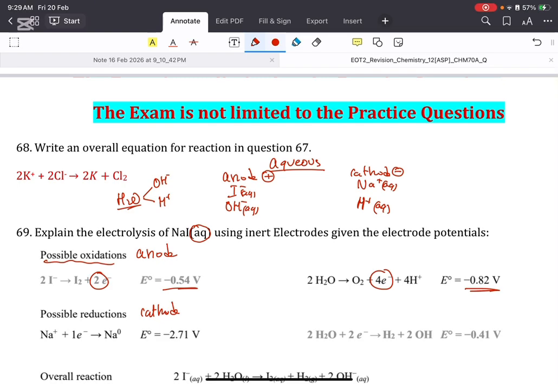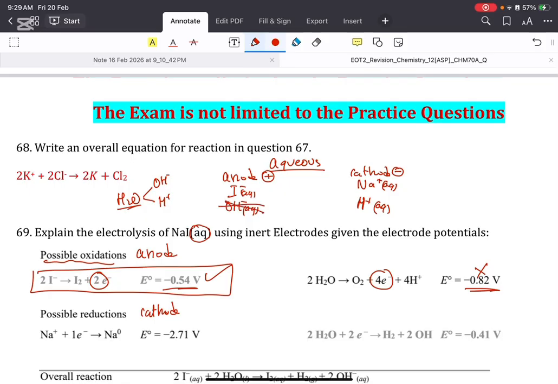So which one is the higher one? This one. So this is the winning oxidation at the anode. Like I said, I minus is going to undergo an oxidation, and I'll compare the reduction that might happen at the cathode. So this is -2, it's so low.